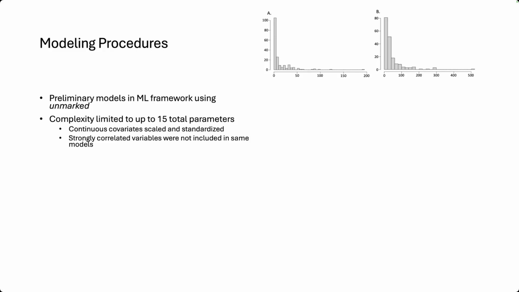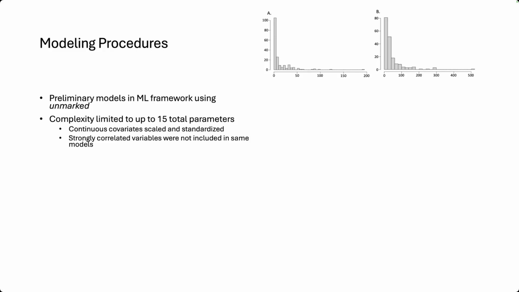Because sample size limits our ability to parameterize our model, we had to limit complexity up to 15 total parameters because we noticed that this was the level at which the model would break, so to speak.